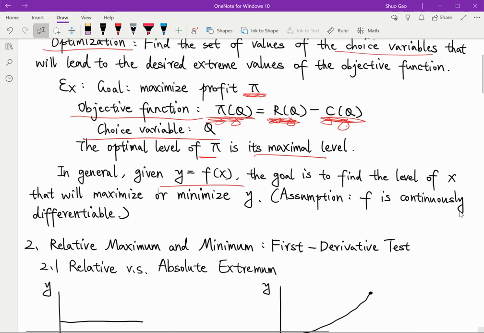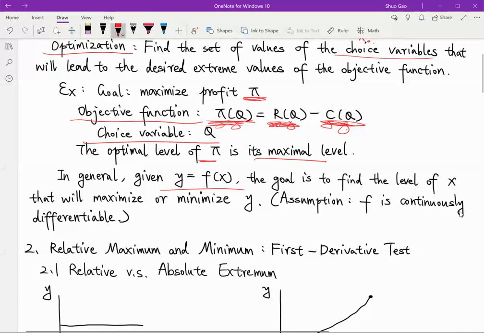Here we have a very critical assumption: that the function f is continuously differentiable. Continuously differentiable means that the function f, if you draw it in a graph, should be continuous.